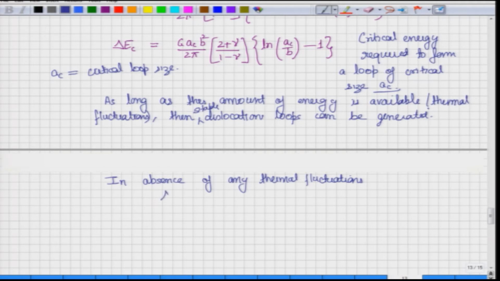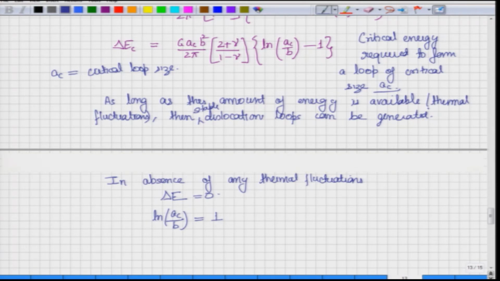The delta E that can be provided is 0 actually. Now, if delta E is 0, then from this what do we get? We get that ln AC by B is equal to 1, because these terms cannot be 0. So, this must be 0. So, ln AC by B is equal to 1. So, in terms of critical loop size, this is the relation that we obtain.